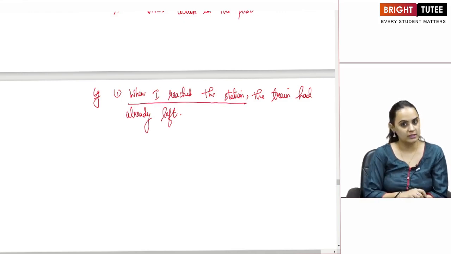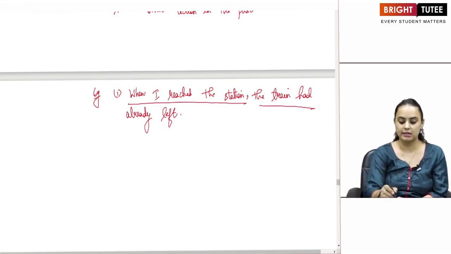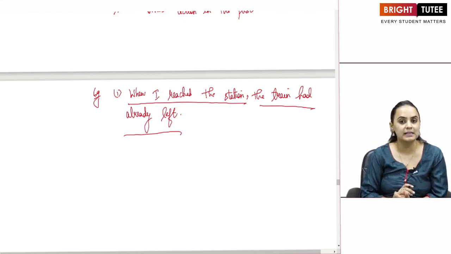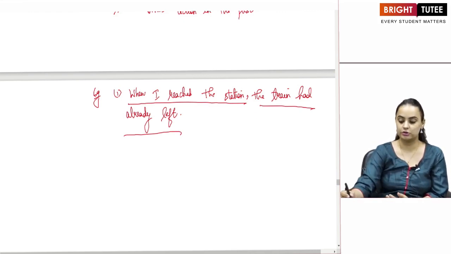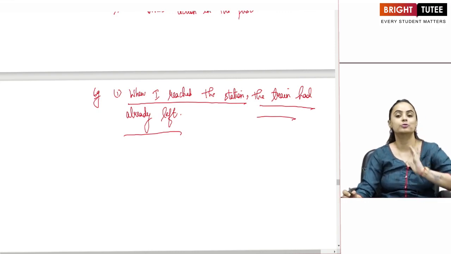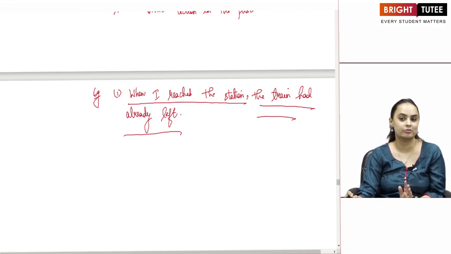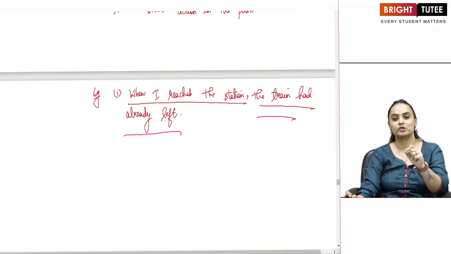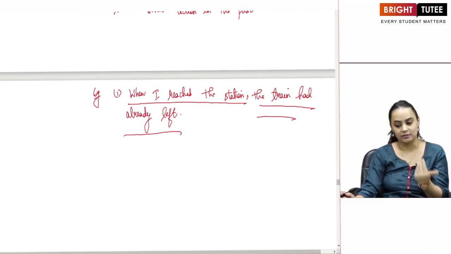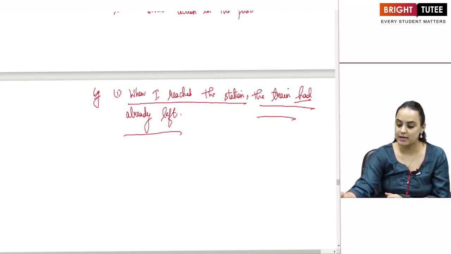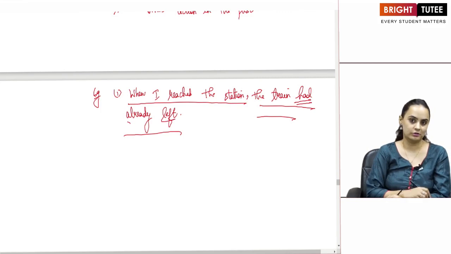You reaching the station and the train leaving the station. Now, which action took place earlier? The train had left when you reached the station. So, before you had reached the station, the train had already left. So, some action which took place earlier, we always use the past perfect tense. So, the train had already left.